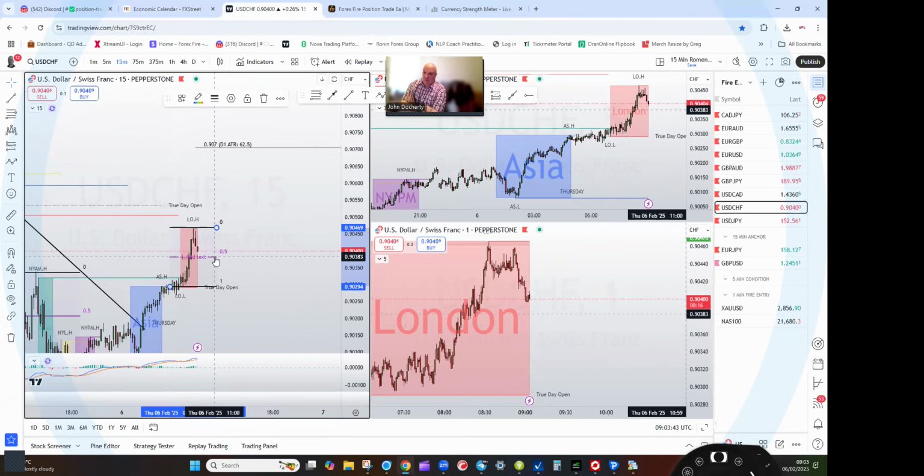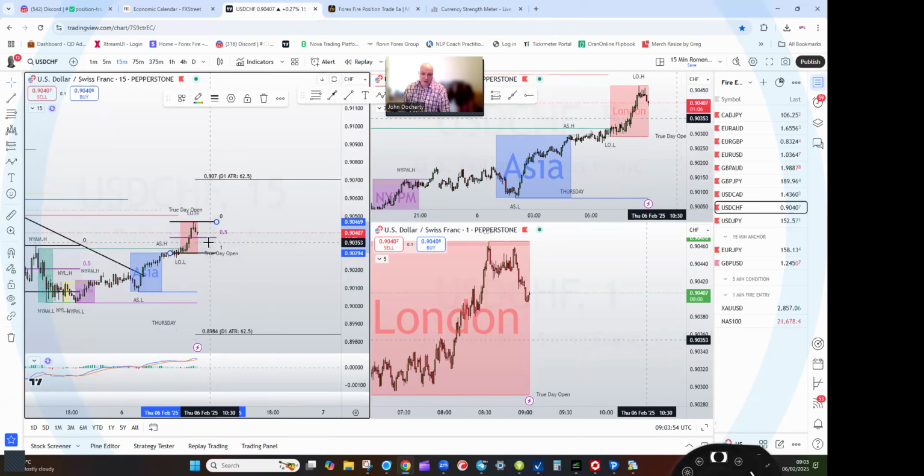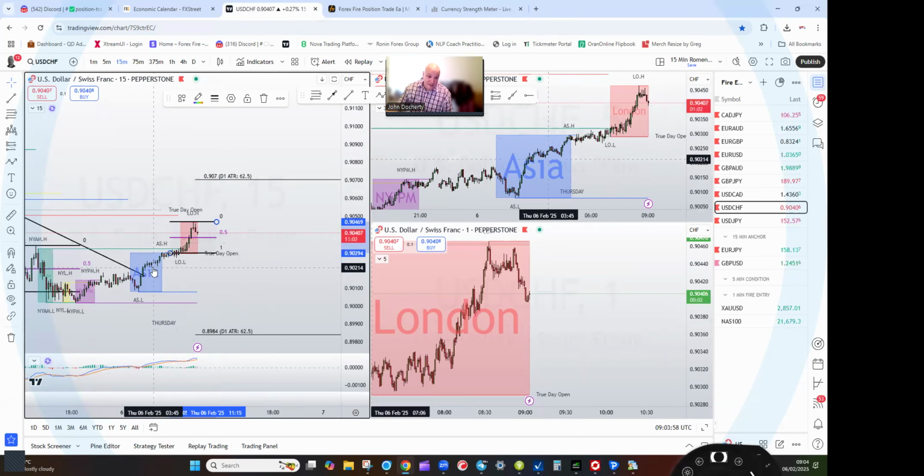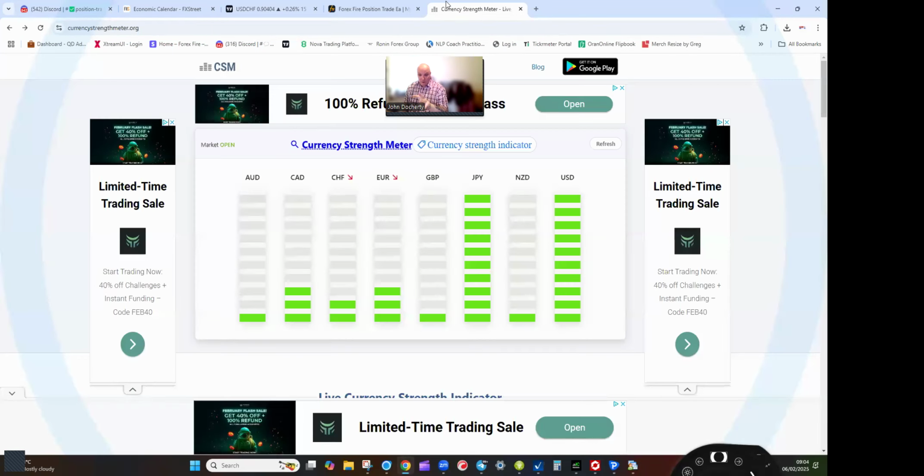There is another way I'm looking at doing these sort of breakouts as well, if the strengths are against, because again, when we're looking for a sweep of liquidity, it's a session break and then 50%, and we come back in. For this, it would normally be a sell, but because we are looking for a possible buy situation, because the USD is stronger than the Swiss franc.